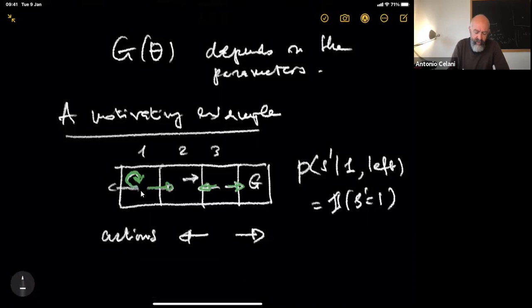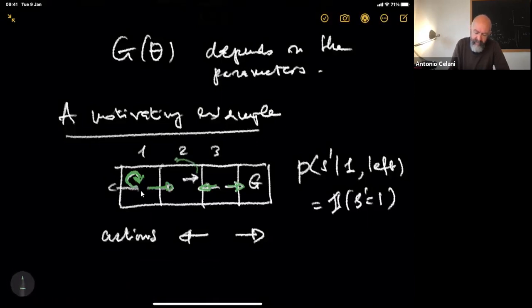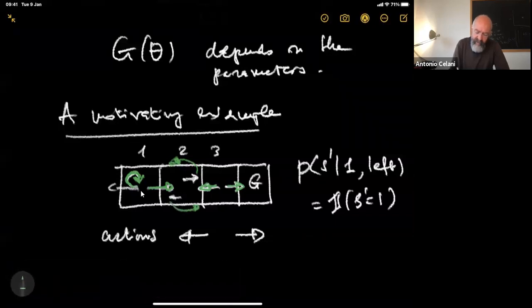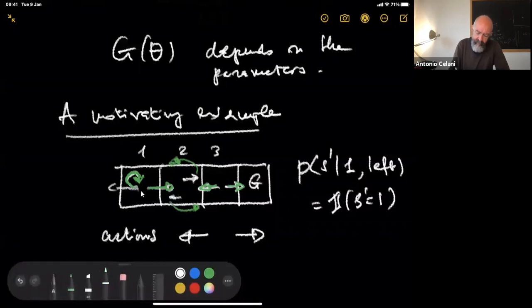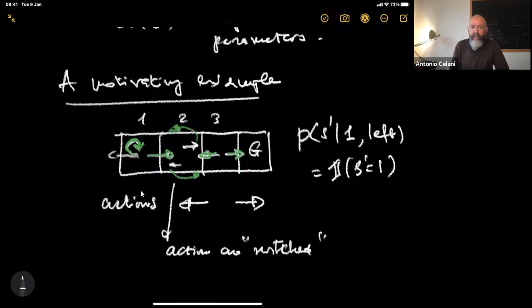So you decide to go to the right, but in fact what happens is that you go to the left. And the opposite. So in the center, your actions are switched. You would like to go to the left, and instead you are sent to the right.